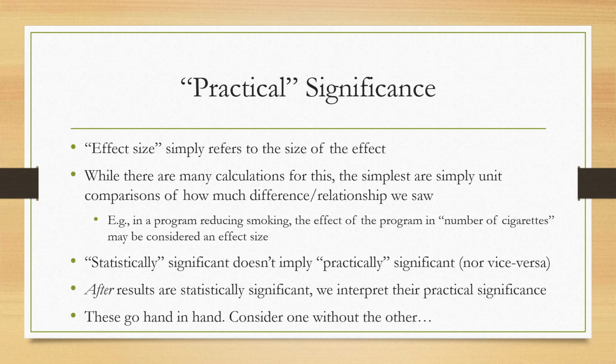So we could use a confidence interval to say, well, how big do we think this difference is in terms of the number of cigarettes? If so, we'd want both ends of the confidence interval to be in the practically or clinically significant range. So for instance, if I have a confidence interval that's statistically significant, that is that there's a difference outside of zero, that might be from 0.0001 to 0.0005, which means that that's the number of cigarettes less my group smokes, and that isn't meaningful at all.